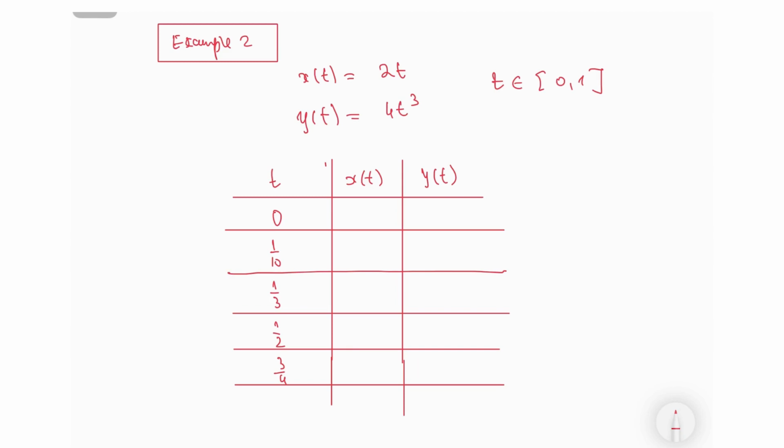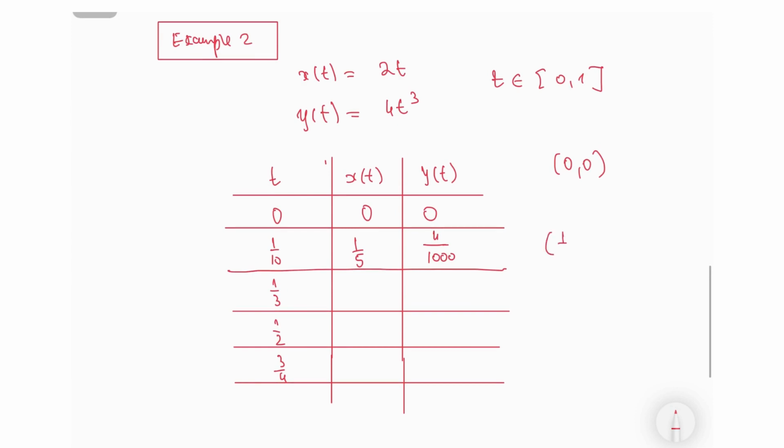But we can do, for example, here will be 0, 0. So the point (0, 0) is on the curve. Then 1/10, that is 1/5 on x, and 4/1000 on the y-axis. So that means that (1/5, 4/1000) is on the curve.